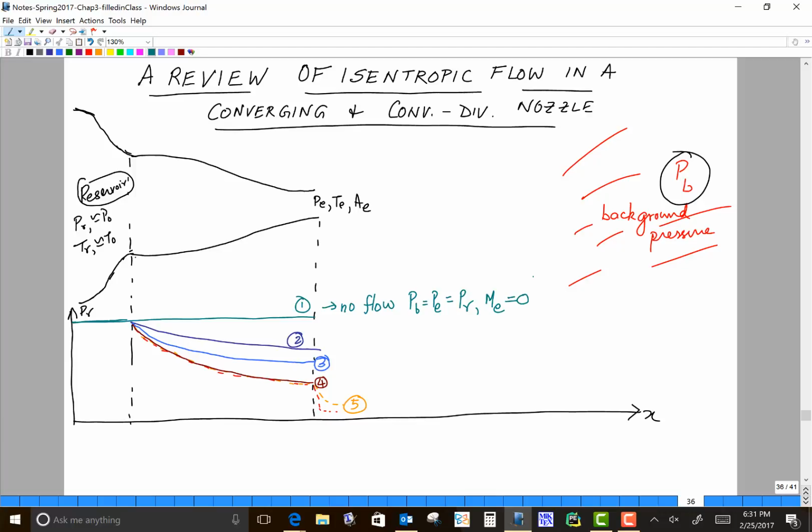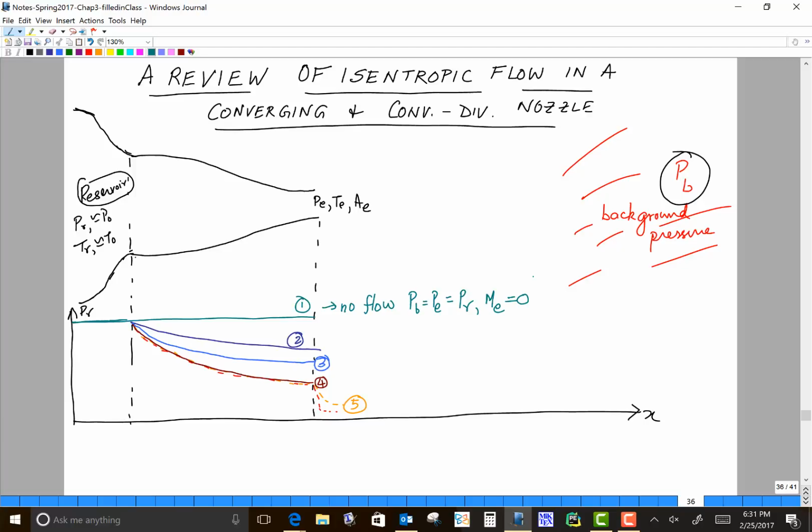Okay, the reason for using PB and PE is going to be apparent pretty soon if you haven't figured this out yet. But the idea is that PB and PE are expected to be the same in most situations. PB is the pressure at the back end, or the atmospheric environmental pressure into which this nozzle is emptying out the fluid.